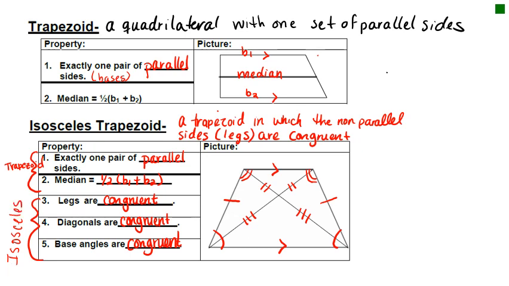All right. So now let's do examples using these properties. I think our first two examples are just a regular trapezoid, and then the other two examples use isosceles trapezoids.